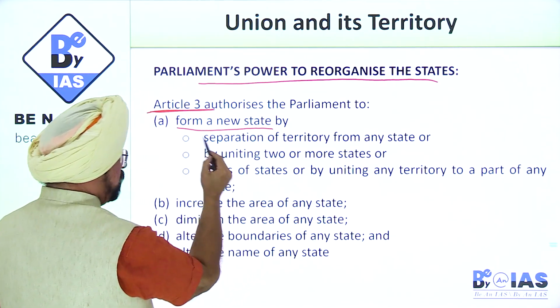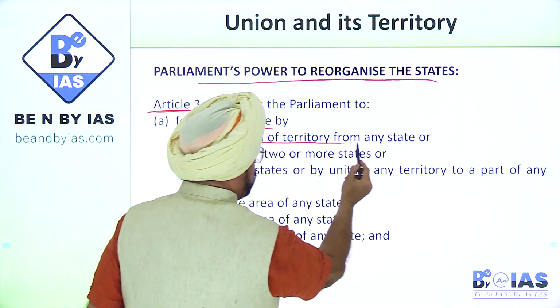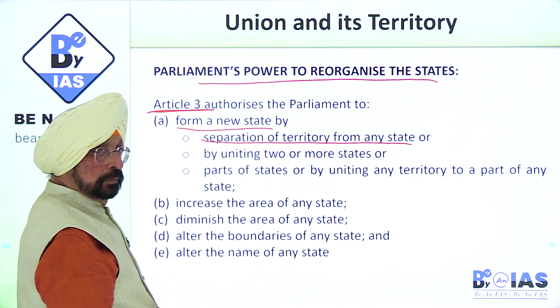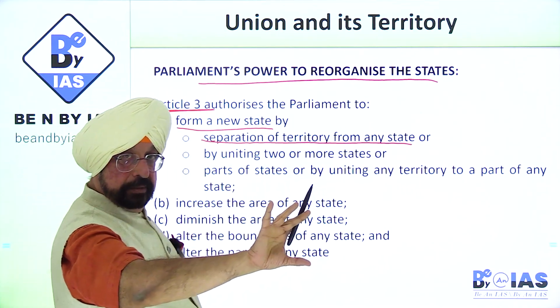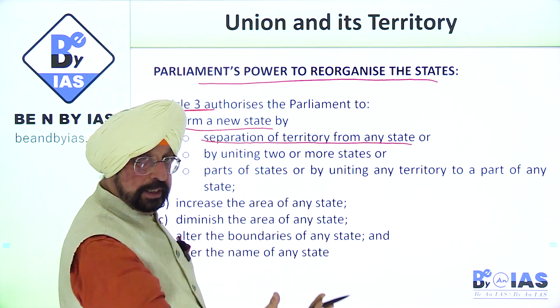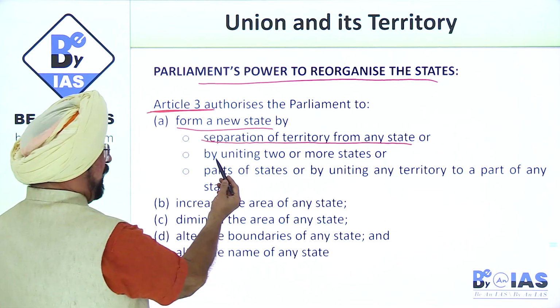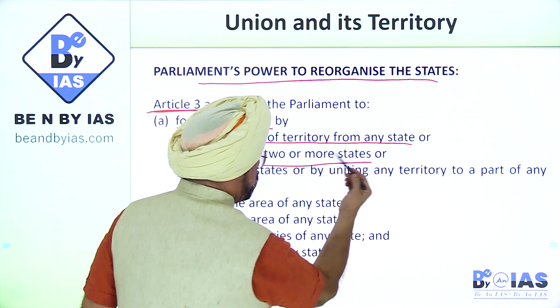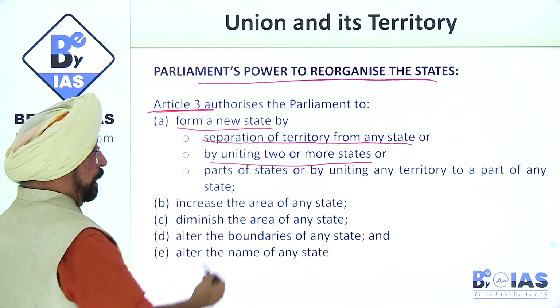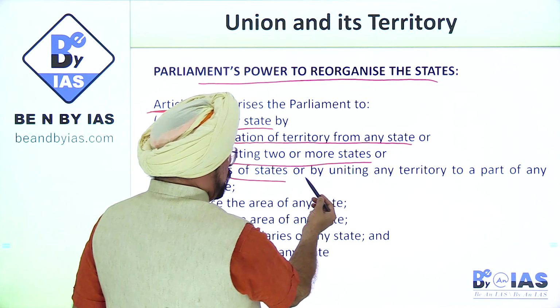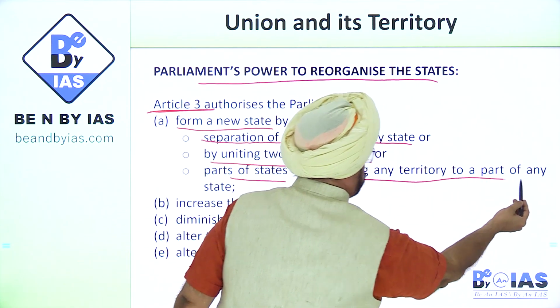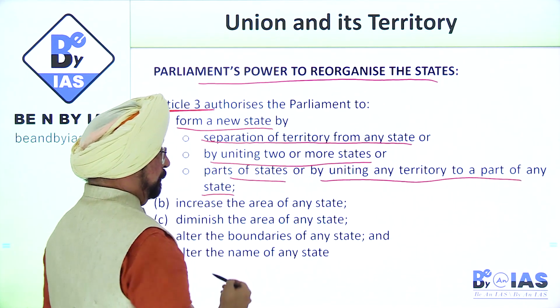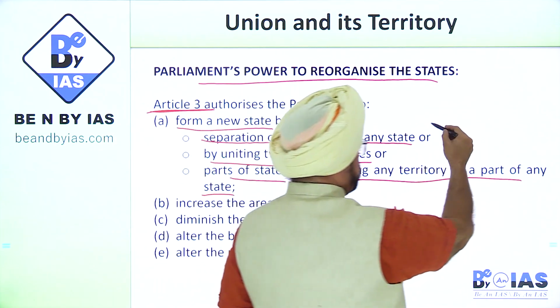By these three means: separation of territory from any state, where a part is separated from one state and a new state is created; by uniting two or more states, or parts of states; or by uniting any territory to a part of any other state.